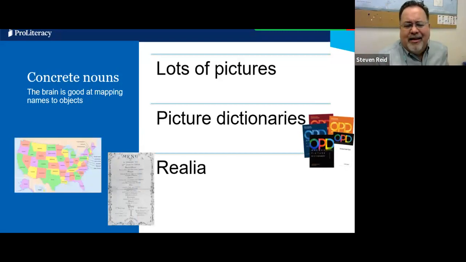Also, realia, I think, is great, bringing in maps, globes, menus, bus schedules, and when possible, bring in the things that they would see and use in real life. So if you use a bus schedule, get the one from the bus route in your city. If your student works in a restaurant, get a menu from that restaurant so that they have the things that are important to them in their location.